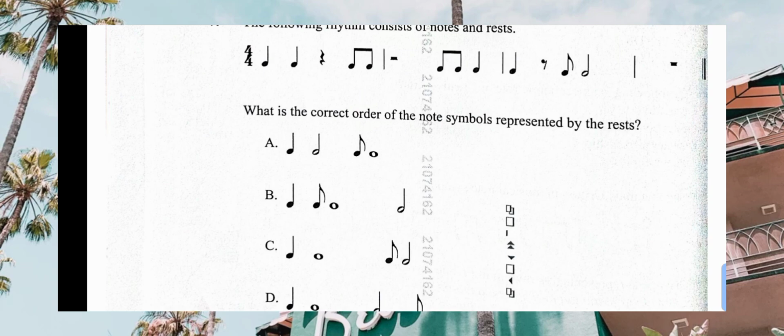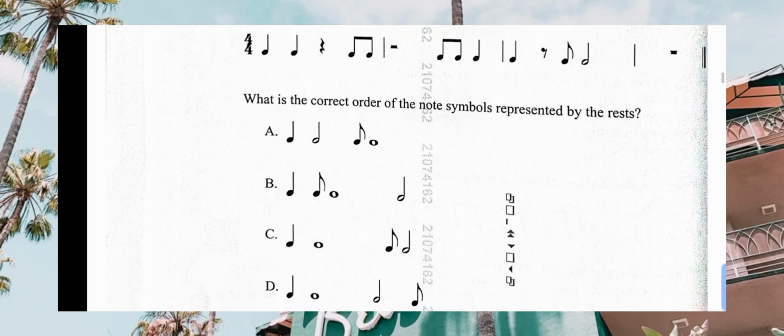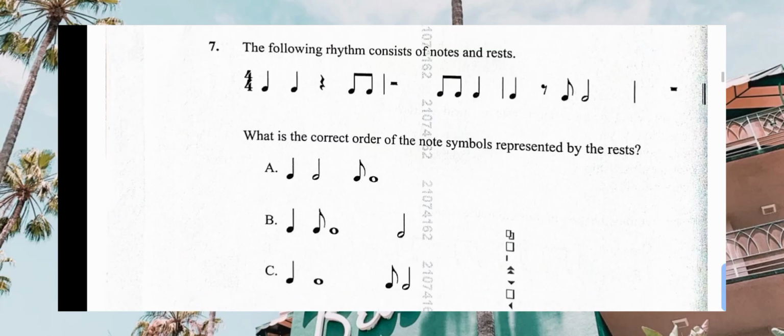Then the second one is a minim. Then we have the rest of a quaver. After the quaver, the last one is a semibreve. So which one will be our correct answer? Our correct answer will be C.